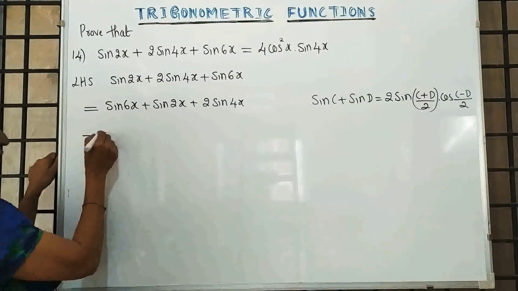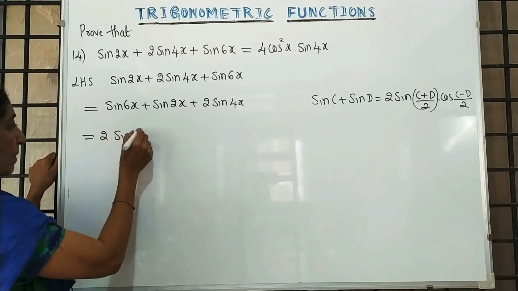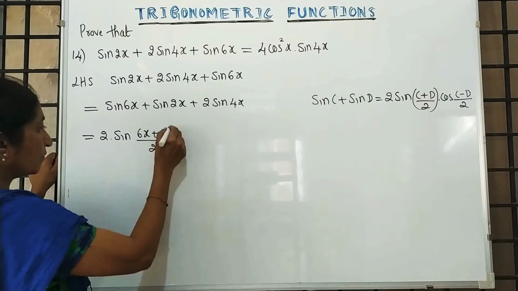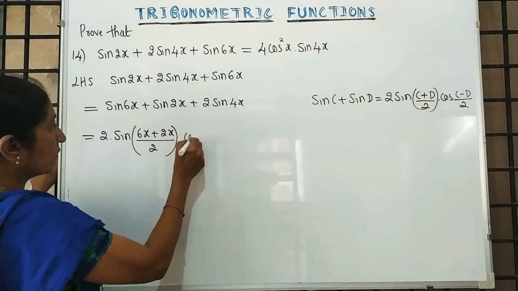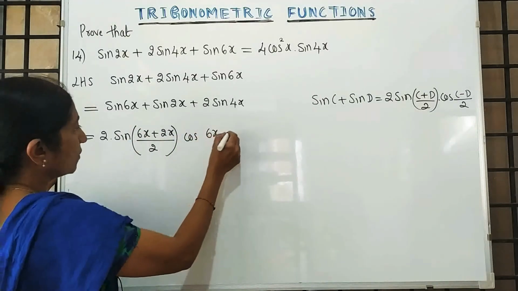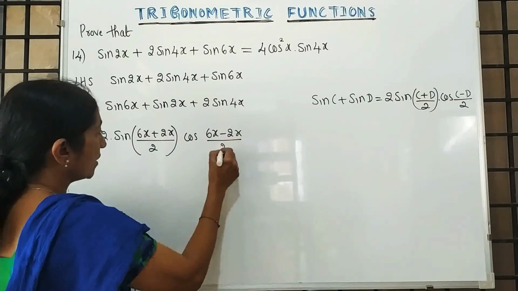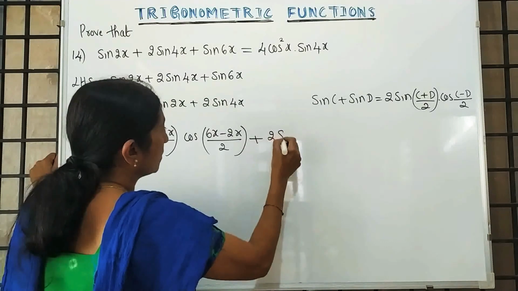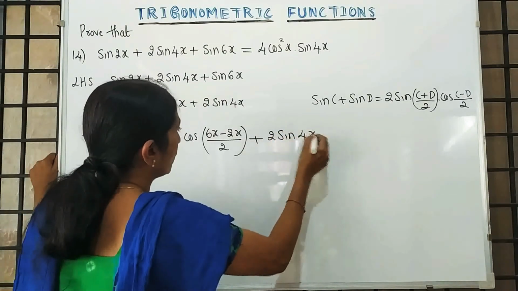So here it is 2 sin C plus D by 2 into cos C minus D by 2 plus 2 sin 4x.